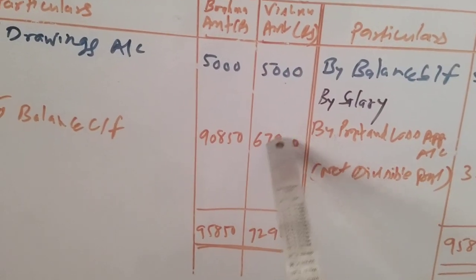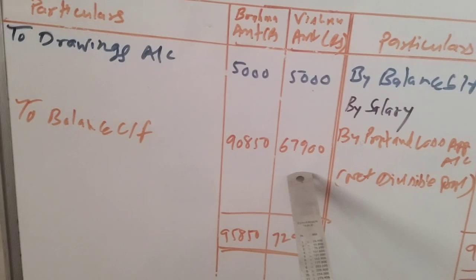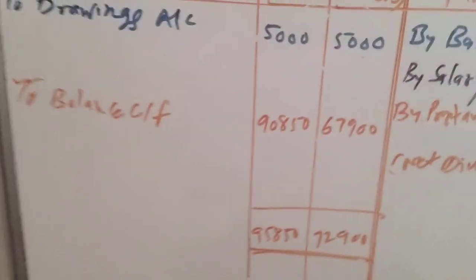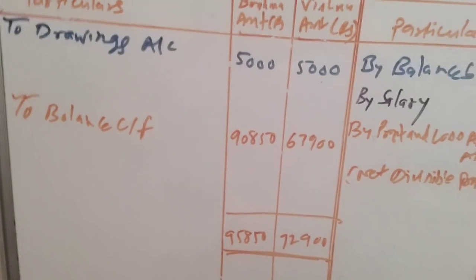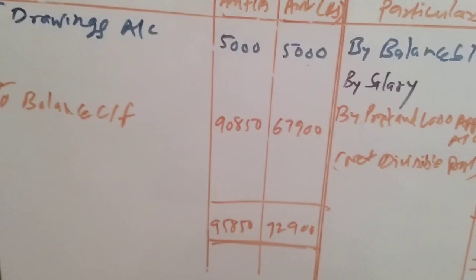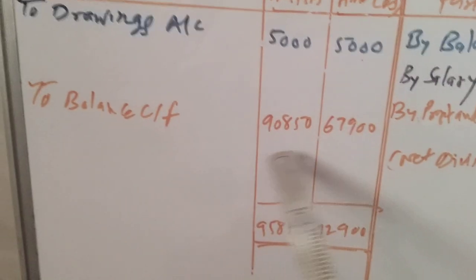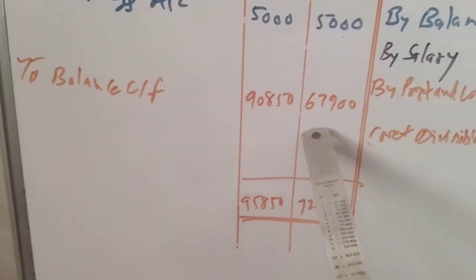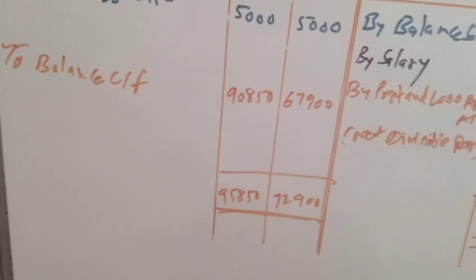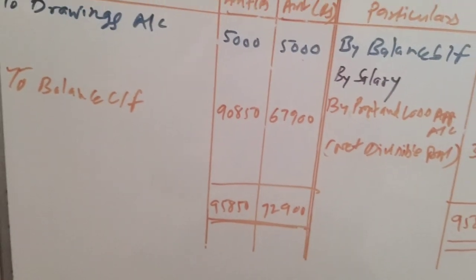So the difference comes to 67,900. This is known as the closing balance of capital. So we will write here, balance carried forward. Where will it be recorded? Where will this balance go? This balance will go to the balance sheet.